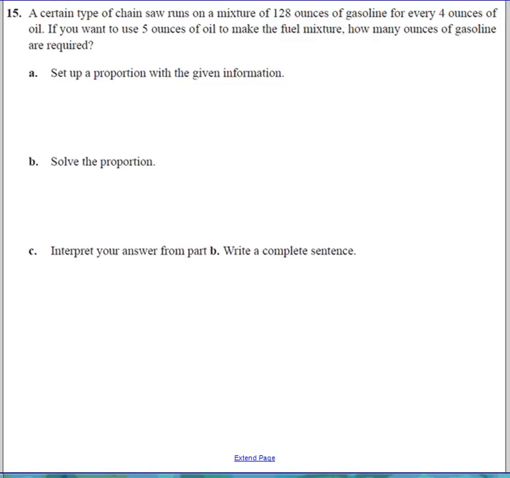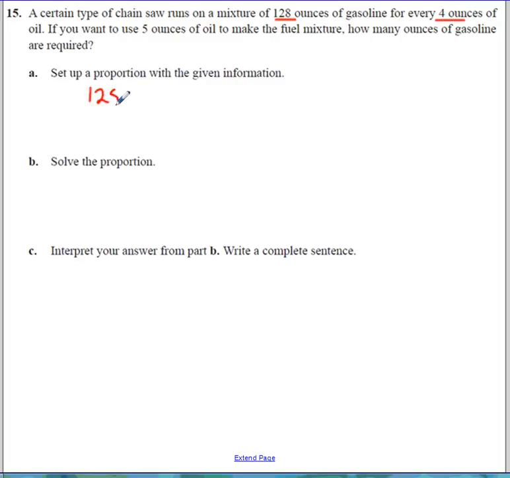Okay, we have 2 more story problems to go for examples. A certain type of chainsaw runs on a mixture of 128 ounces of gasoline for every 4 ounces of oil. If you want to use 5 ounces of oil to make the fuel mixture, how many ounces of gasoline are required? And so we need to make sure we set up our proportion. Again, let's reread and stop where we find our first part of the information. A certain type of chainsaw runs a mixture of 128 ounces of gas for every 4 ounces of oil.